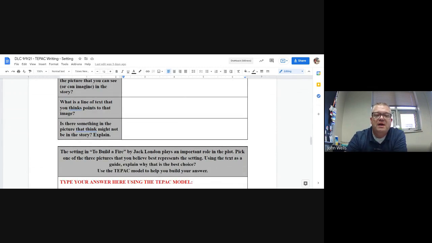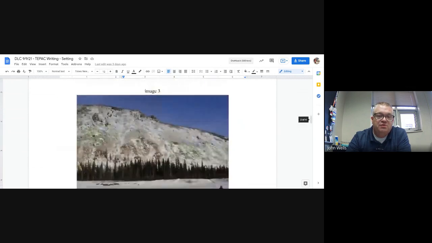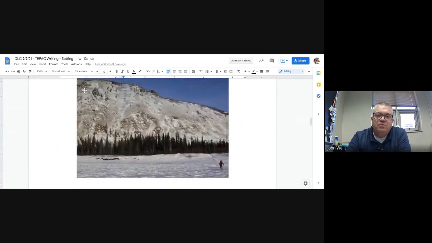And then down here, this last question I think is really important for understanding this, because what is something in the picture that might not be in the story? For instance, when you look at this picture, and again, I'm just using this one as an example, is there something in here that isn't supported by the text?